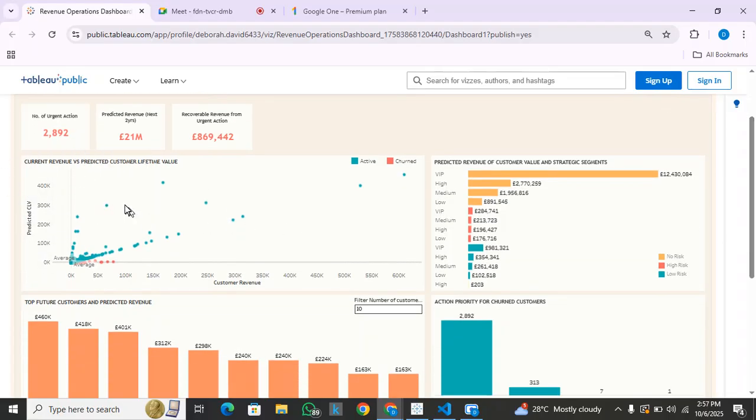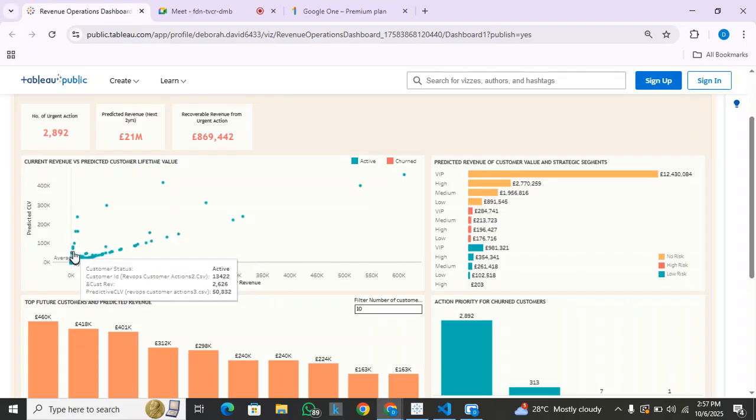So this scatter plot shows the customer lifetime value, the current revenue the customer has brought to the business, and the predicted revenue that the customer is bringing.